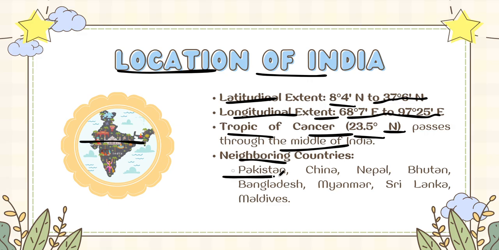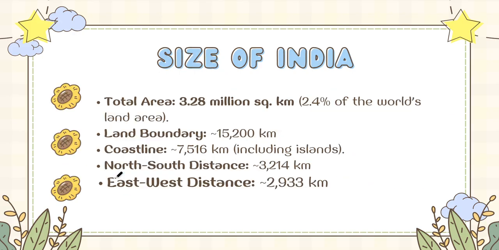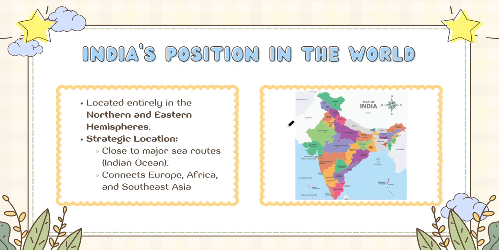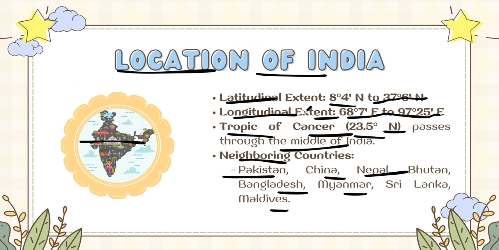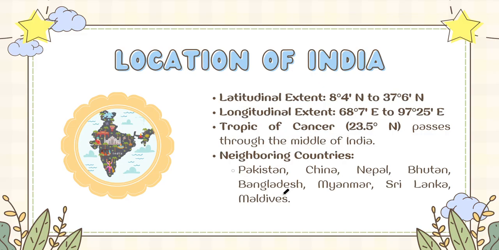Neighboring countries are these, children: Pakistan, China, Nepal, Bhutan, Bangladesh, Myanmar, Sri Lanka, and Maldives. We all know Sri Lanka is going to be over here. We know Myanmar is somewhere here, China, Pakistan, and so on. So that is what we are going to learn today.